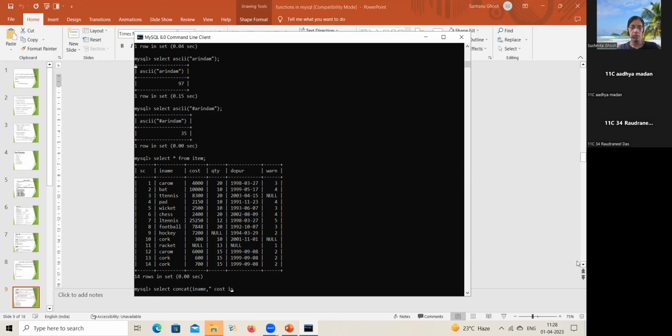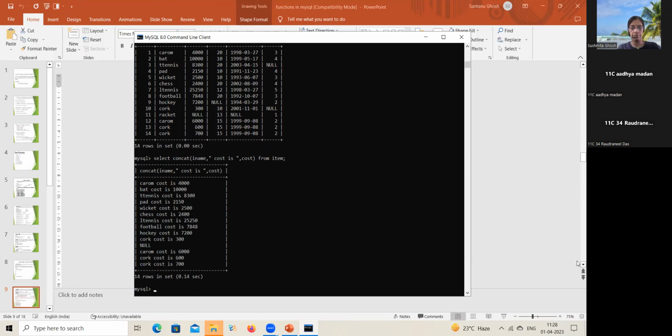Carom's cost is, actually I thought, but anyway, Carom cost is, or cost of the item name is, we can do it like this. More grammatically correct. Cost is followed by the cost value. So I can join my data like this also. And this is the usage of the concat function, applicable for every record.